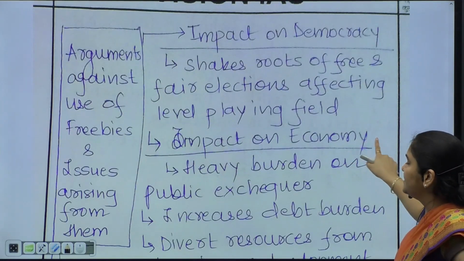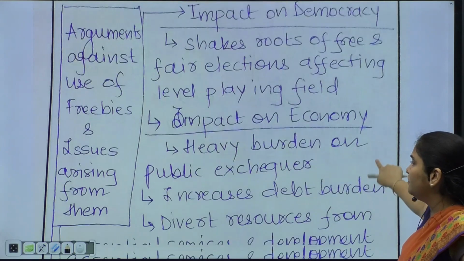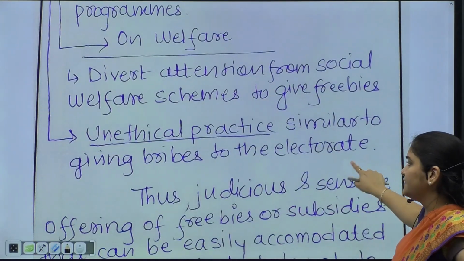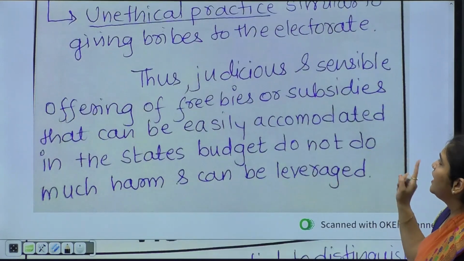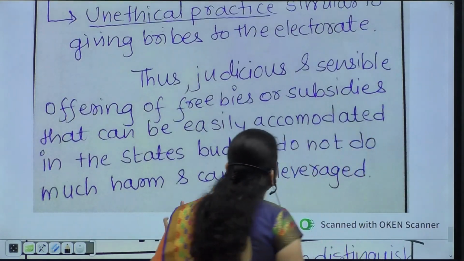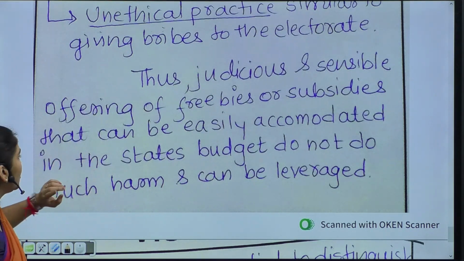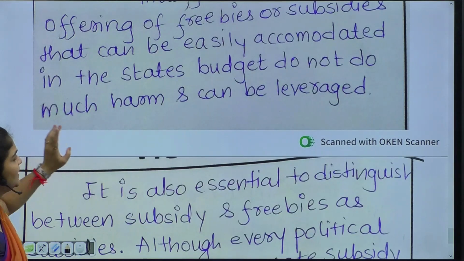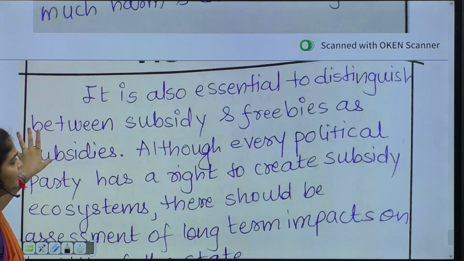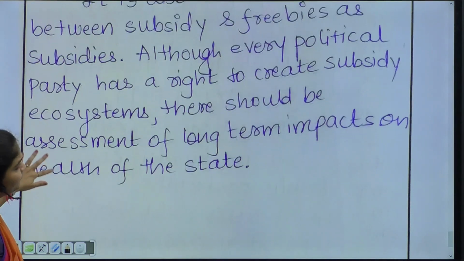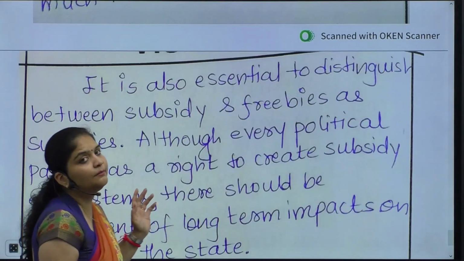So how it impacts democracy, how it impacts economy, how it impacts welfare, how it leads to unethical practice. Judicious and sensible offering of freebies or subsidies that can be easily accommodated do not do much harm and can be leveraged. However, it is essential to distinguish between subsidy and freebies. Okay? So how it can have long-term effects.